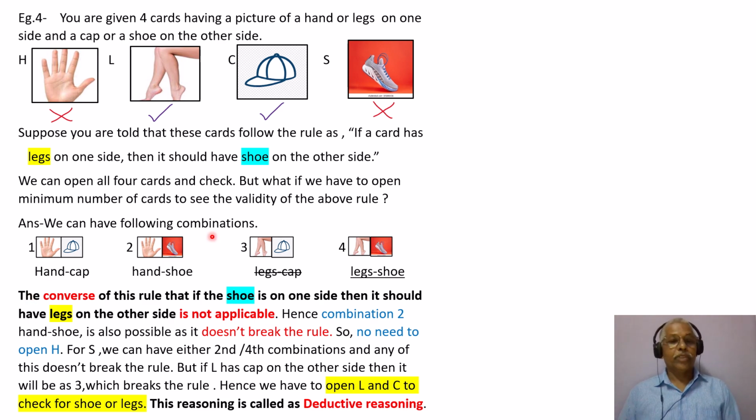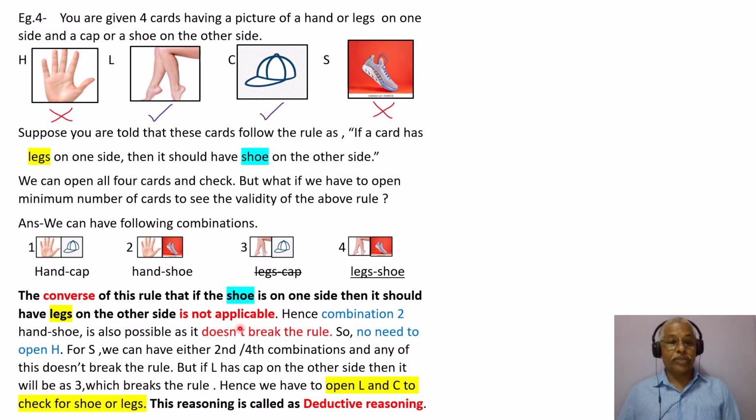Now see here, the converse of this rule, that if the shoe is on one side, we were talking about legs on one side and it should have shoe on the other side.